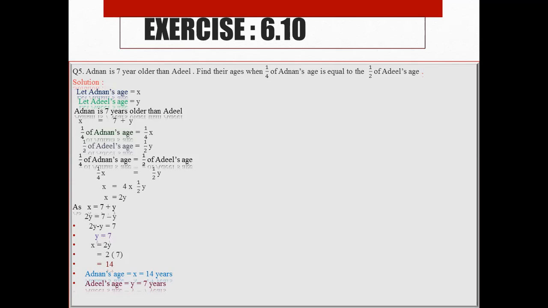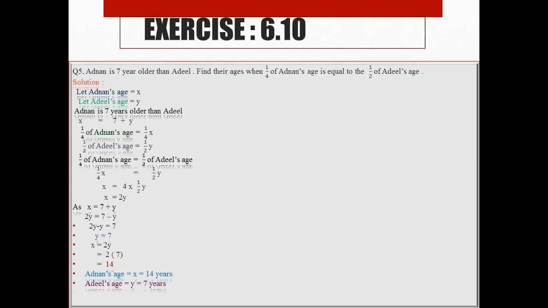In the first equation, if we replace the value of x with 2y, then only one variable y is there and we can easily calculate its value. x is equal to 7 plus y, so instead of x, I put 2y. 2y is equal to 7 plus y. Shift y to the other side: 2y minus y is equal to 7. When we subtract 2y and y, we get y. y is equal to 7.